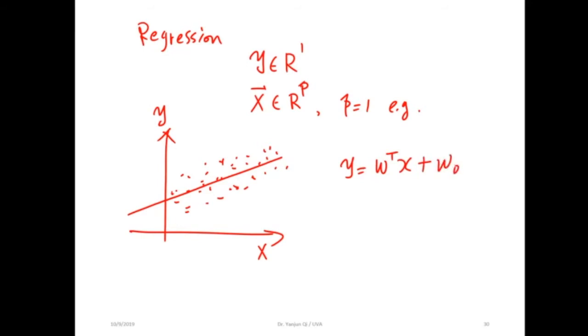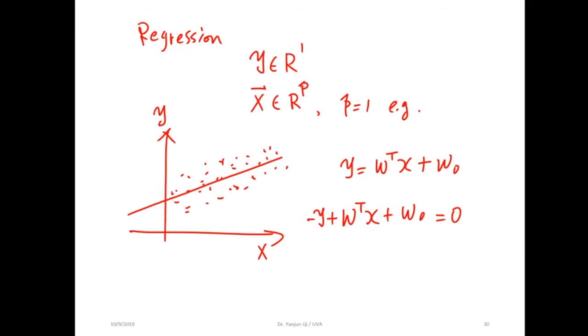In fact, this follows the hyperplane formulation, which is W transpose X plus W0 minus y equal to 0. The reason why I'm writing this is that, in fact, this is a hyperplane in a two-dimensional space.